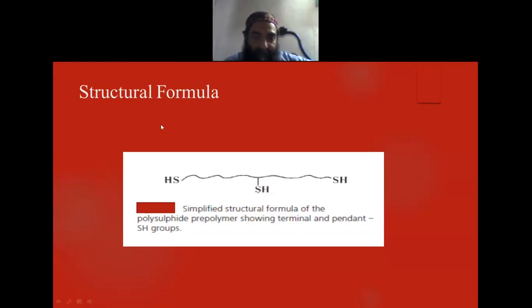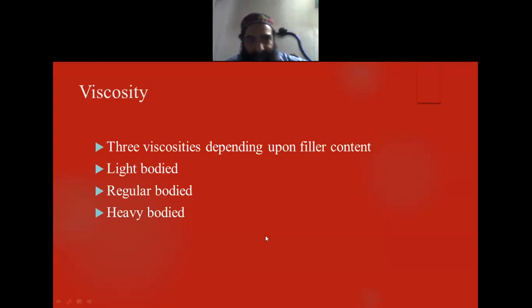Now, if we see the structural formula, you can see these are the terminal ends and this is the pendant group. Is it clear? These two are the terminal groups, SH, and this is the pendant group.